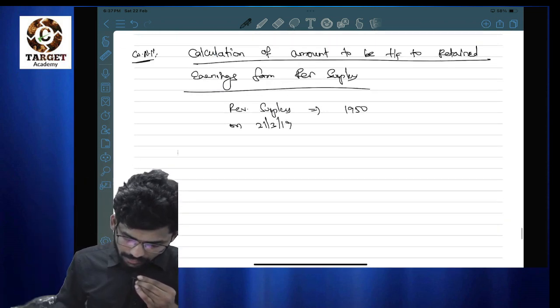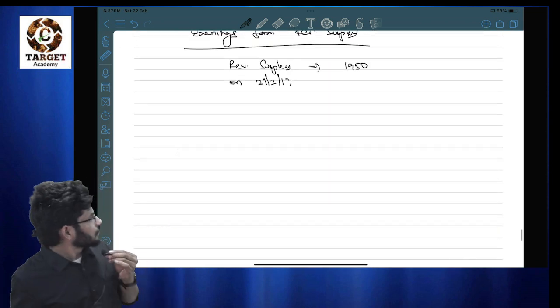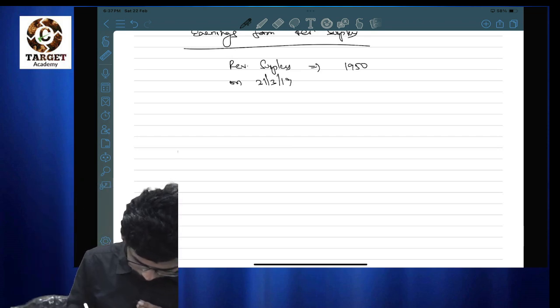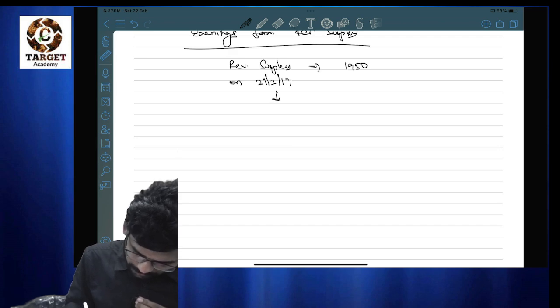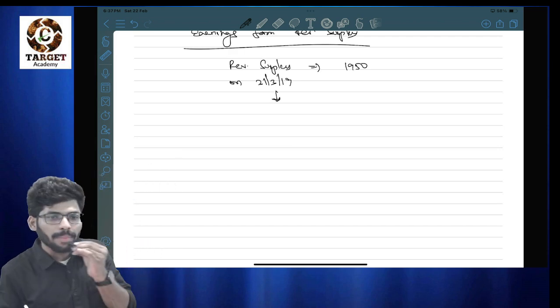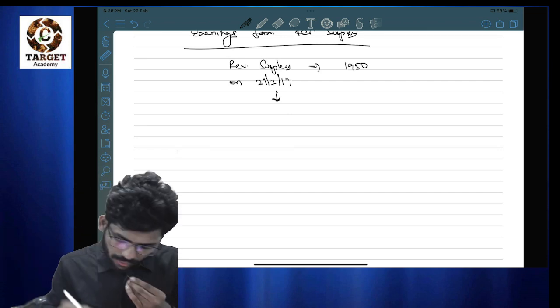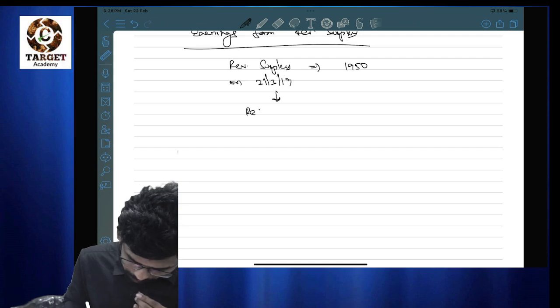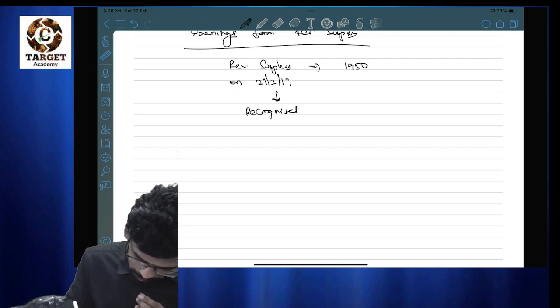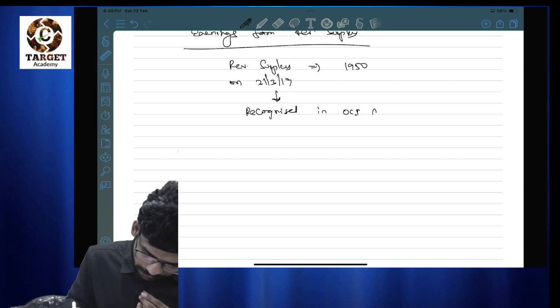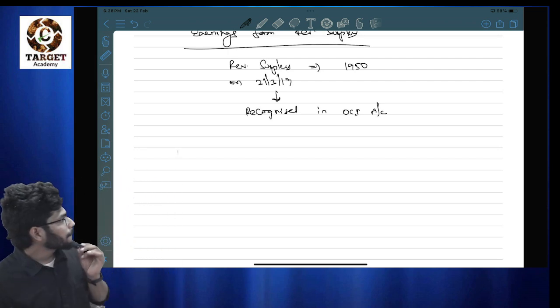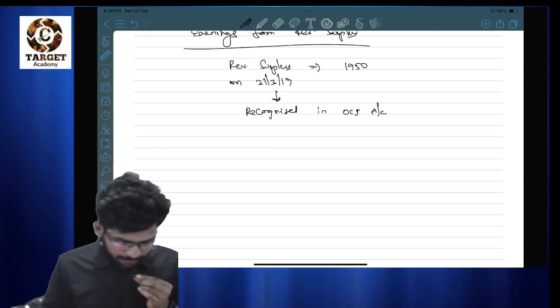Clear? Next, please note down. First of all, this revaluation surplus should be recognized in OCI. Correct or not? Please note down that point also. Recognized in OCI account. What is OCI? Other comprehensive income.